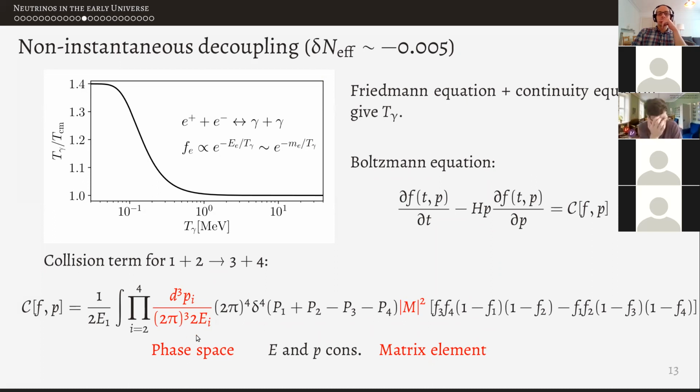So there's a phase space integral, which integrates over 9 dimensions, so 3 particles and 3 momenta for each. Then there's conservation of energy and momentum. There's a matrix element which contains the particle physics details of the given reaction. And then there are all of these distribution functions that account for Pauli blocking and, of course, production and loss of the different particles.